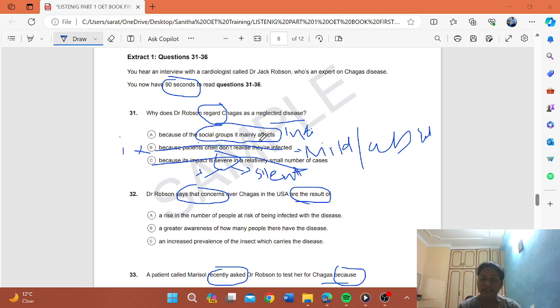Okay. So that's the way, in this technique, you have to find out the answers in OET listening part C. I would like to give you one more suggestion. Please do the practice. Consistent practice, definitely you can achieve a good mark in OET listening parts. It is a skill. You have to develop a skill, listening skill.